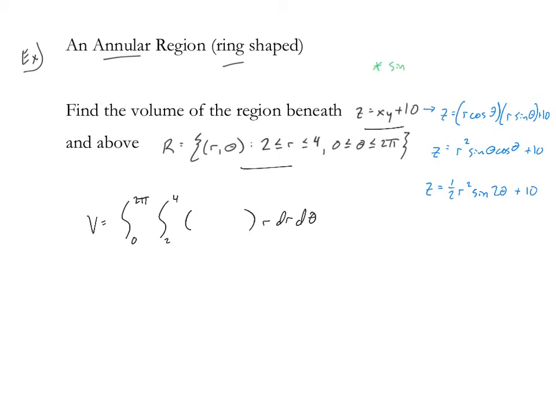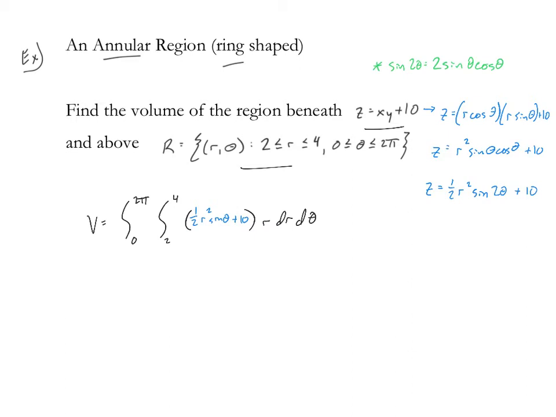It's the sine of 2 theta equals 2 sine theta cosine theta. And because we had a sine theta cosine theta, that's why we had the 1/2 out in front. I didn't have to make that substitution, but it'll ultimately make things a little bit easier later on. Okay, so that will substitute in for our function: 1/2 r squared sine 2 theta plus 10.